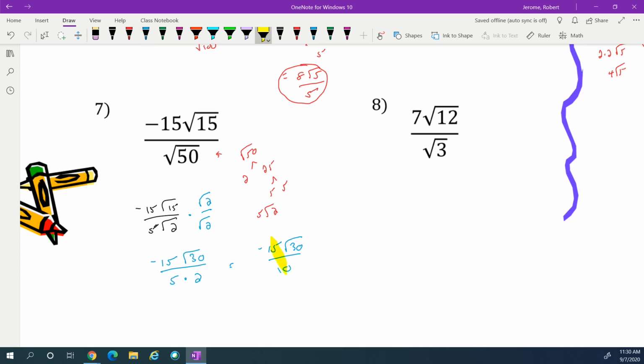But what I just noticed was that 15 over 10 can be simplified. So what do you get when you simplify a negative 15 over 10? You get negative 3 over 2, and that square root 30 comes along. And finally, I should always double check, can a 30 be simplified? So I would do my factor tree, and in this case, the answer is no. So this is my final answer.